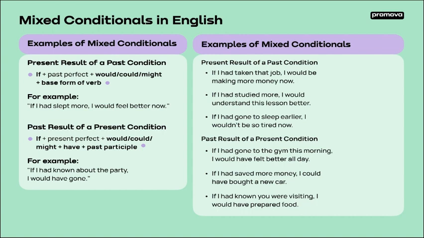If the first clause is in the present tense, the end clause would be in the past tense. And if the first clause is in the past tense, the end clause will be in the present tense. Now, the first formula presents an unreal condition in the past that changes an unreal outcome in the present.